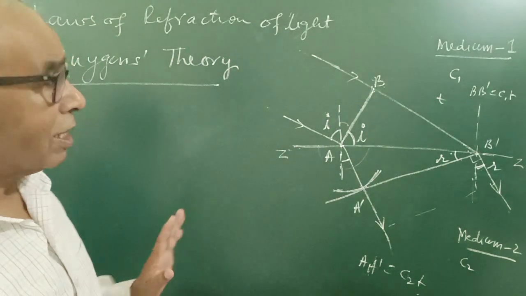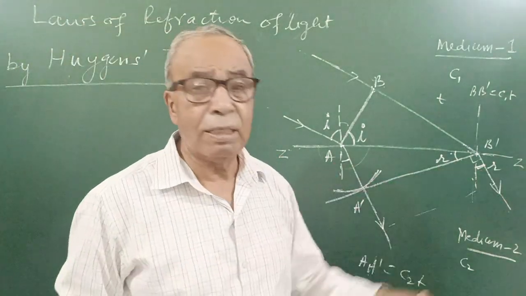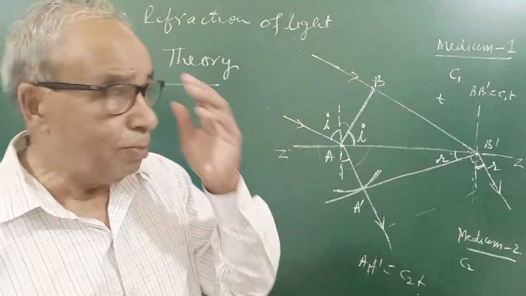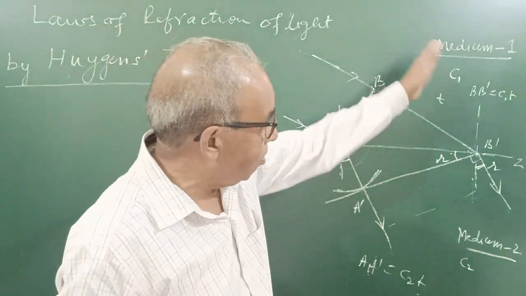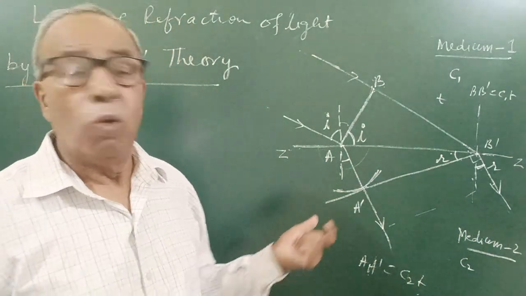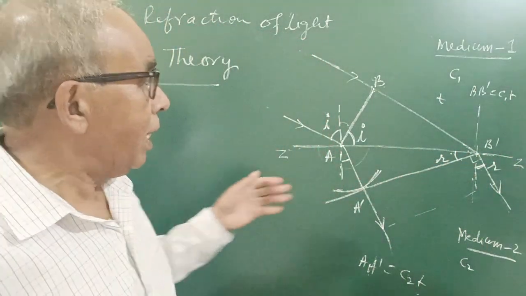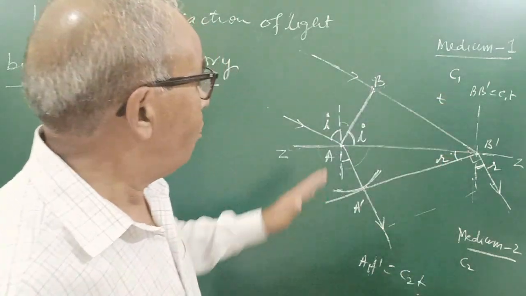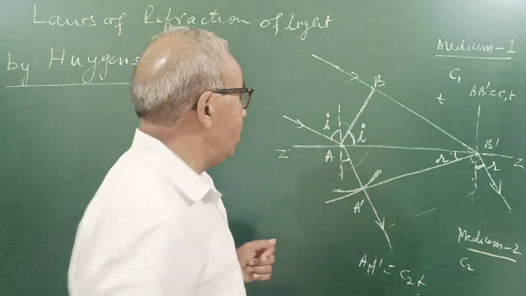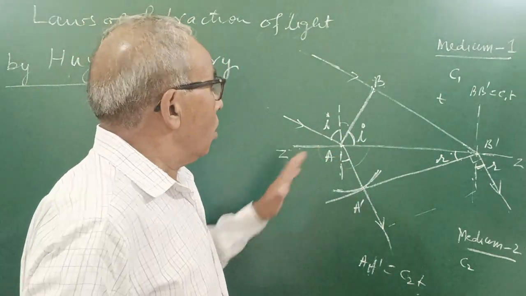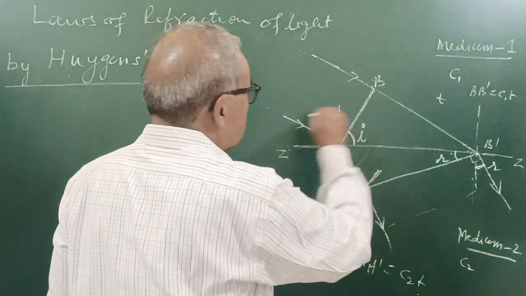So you can describe the figure yourself. Z dash is the interface between medium 1 and 2. You write medium 1 and 2 yourself. Plane wave front AB is incident at angle i. Normals to the wavefront are raised, so this is ray 1, this is ray 2.